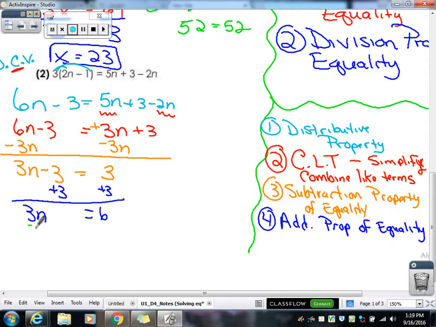And what's that property called, do you think? We're actually, what are we doing to both sides again? So it's the, very good, division property of equality. Or you could say dividing division property, as long as you put that of equality in there, you're fine.